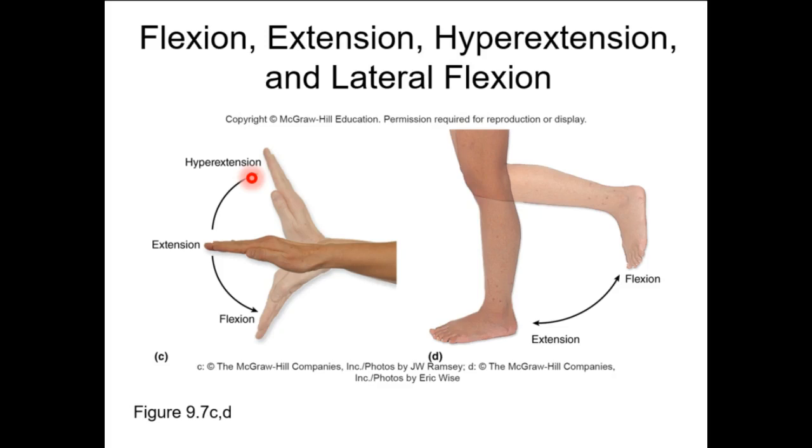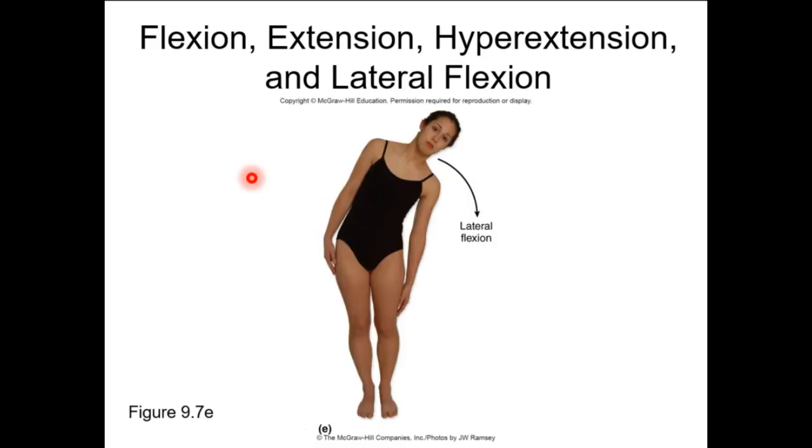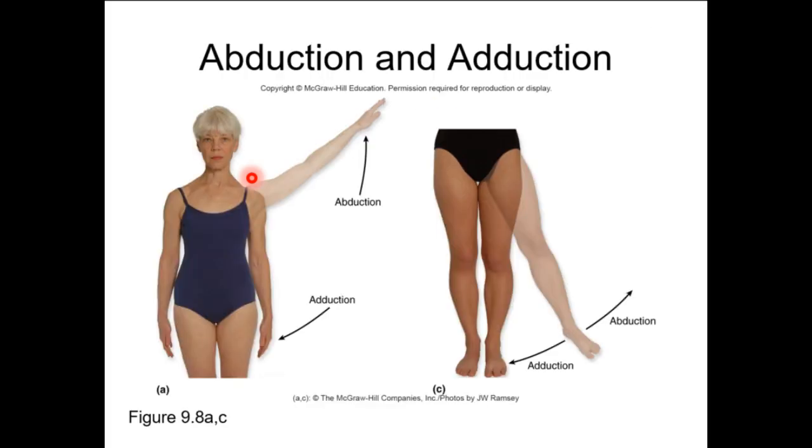Okay, lateral flexion. There's only going to be a couple of places where you can laterally flex. It's that way. Now these words are abduction and adduction. I'm always going to say abduction and adduction and enunciate, because otherwise if I say it fast you can't hear me.